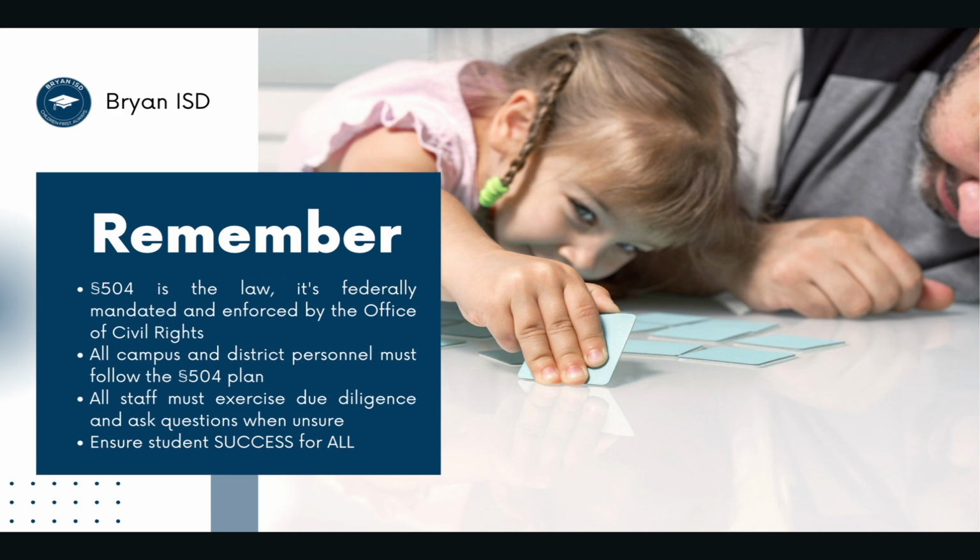Remember, 504 is the law. It's federally mandated and enforced by the Office of Civil Rights. All campus and district personnel must follow the Section 504 plan, and all staff must exercise due diligence and ask questions when unsure. We want to ensure that all students are successful.